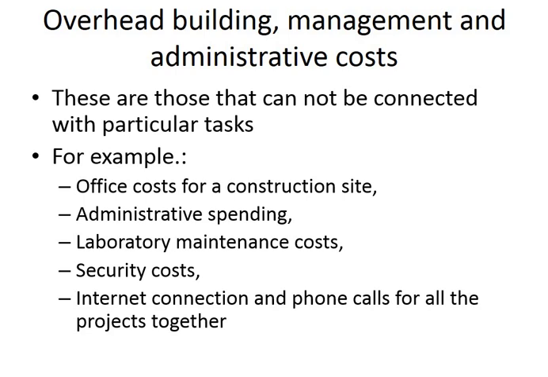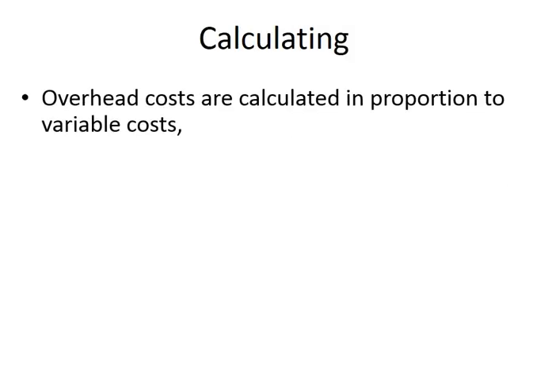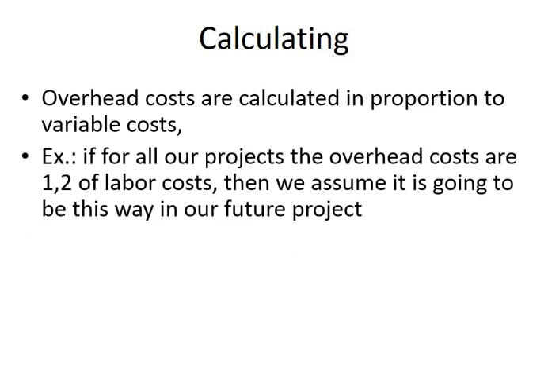So what can you do about them? Well, there are techniques to deal with them. So let's say that you divide them in proportion to the variable cost, which means in proportion to the cost of particular tasks, so like 10% per each task.